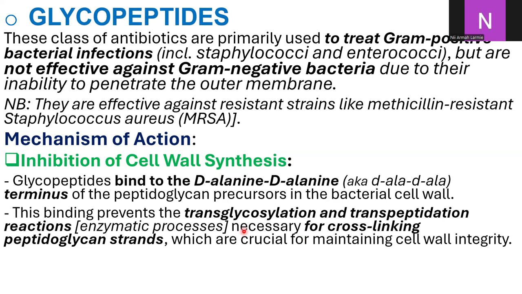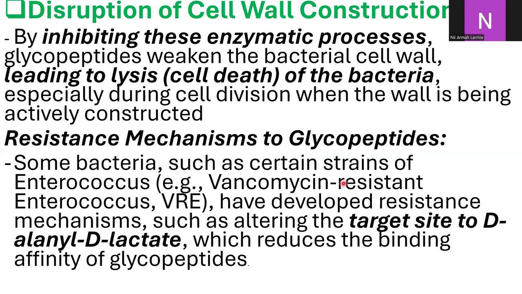And that is how it leads to the death of the bacteria. All right. So basically, there is a disruption in the cell wall construction. Weak cell wall, which will lyse, which will break apart and cause the death of the bacteria.